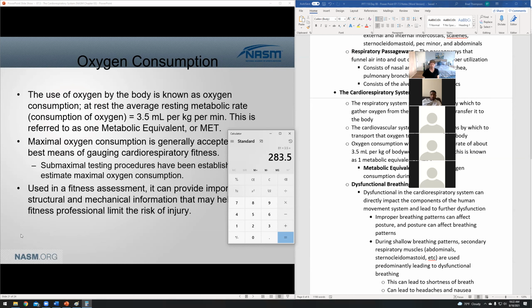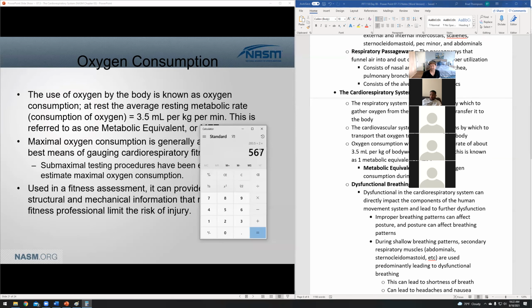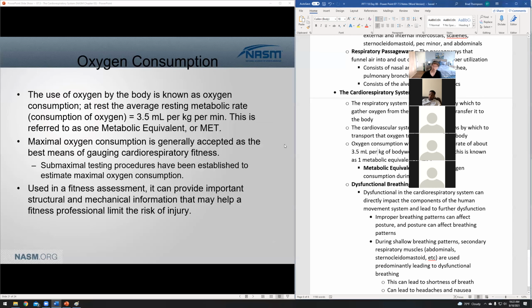If you were to hook me up to a machine and say, hey, you are currently consuming 567 milliliters of oxygen per minute, you know that I am at 2 METs worth of energy, meaning I am consuming twice as much oxygen as I would if I were sleeping, or I am burning twice as many calories as I would if I were sleeping.